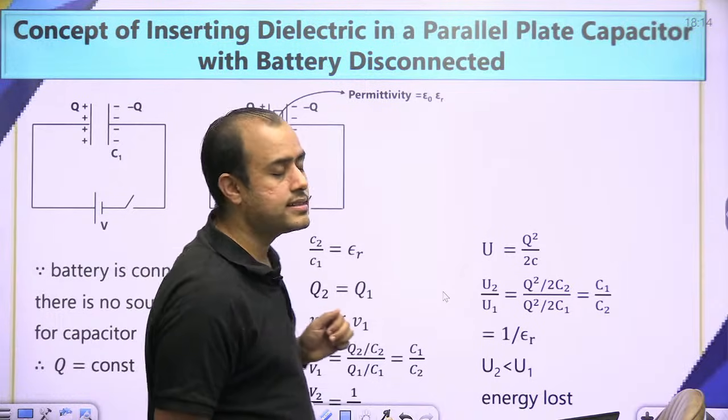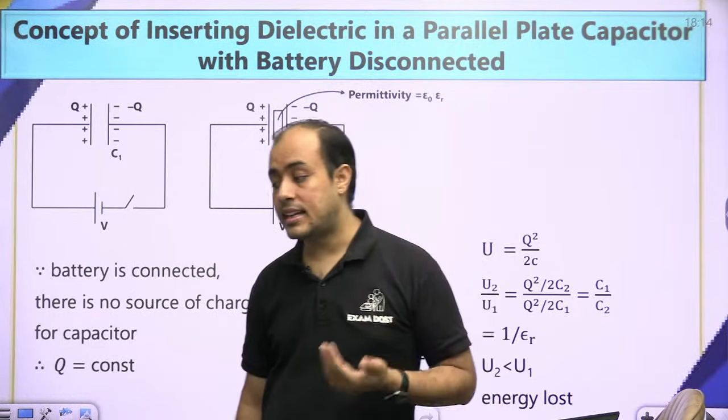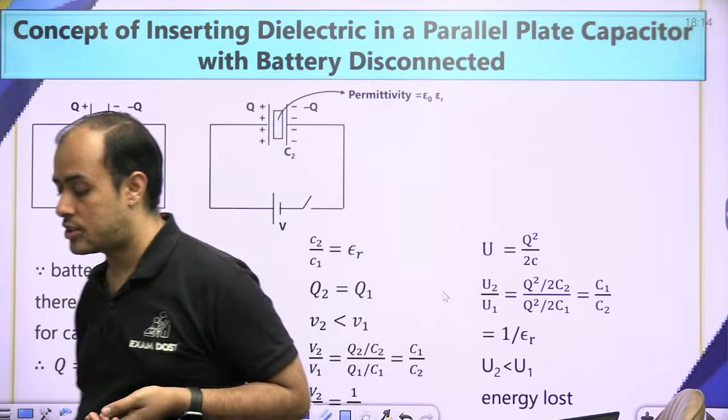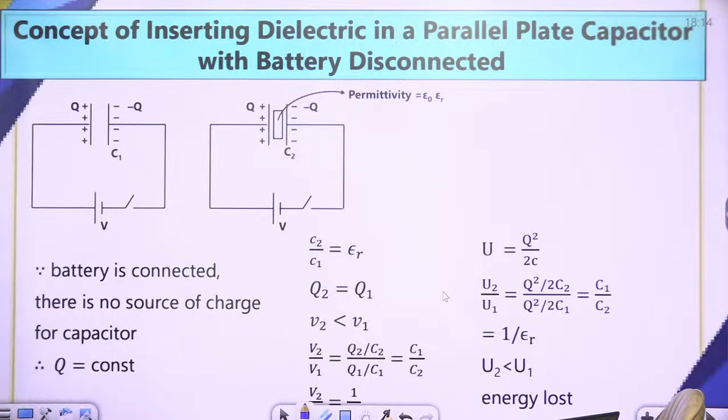Now if the battery is disconnected, the battery cannot supply any more charge and therefore we have to assume that my charge is constant. Now capacitance is increasing by a factor of epsilon r whereas the charge is constant. So now I will say potential difference is the charge upon the capacitance.